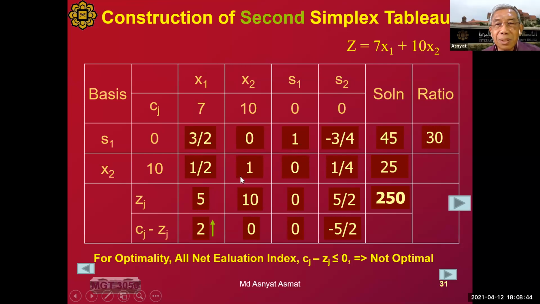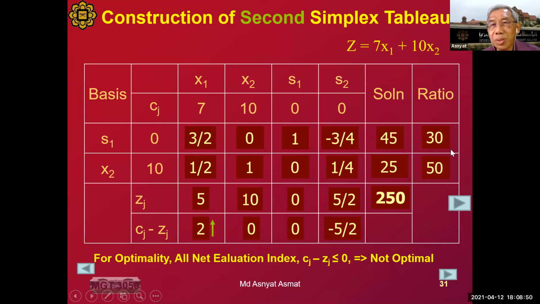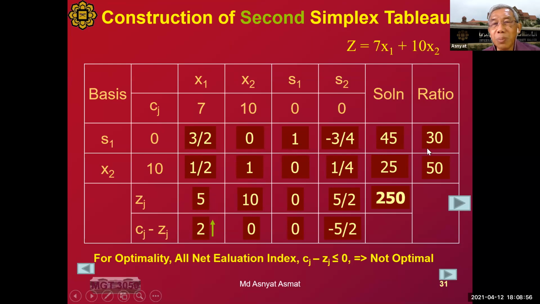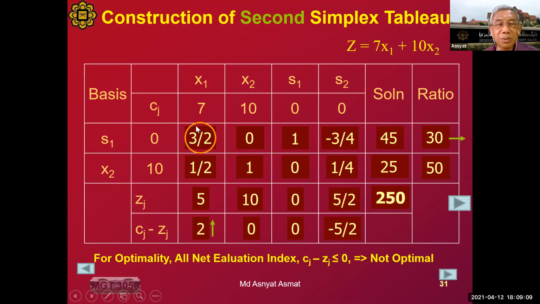Here, 50. Which one to choose? Find the lowest ratio, 30, to determine the pivot row. What's the pivot element? At the 3 over 2.